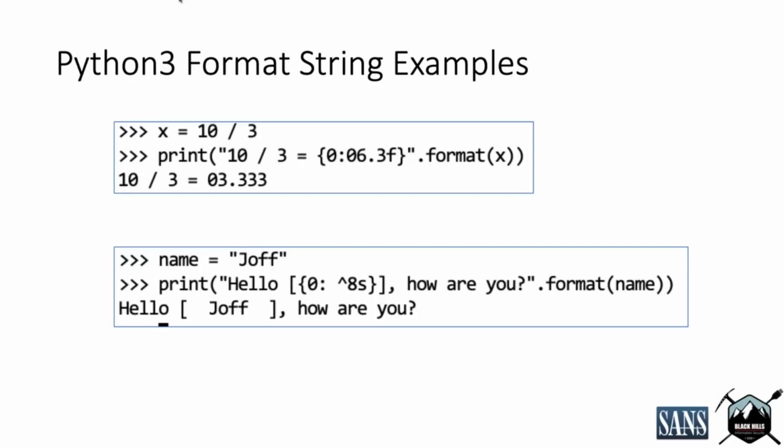So what that means is I want to print a field that is a floating point number 6 in width with 3 digits after the decimal point. And of course I print 10/3 equals 03.333. So it's a very precise way of doing format strings.